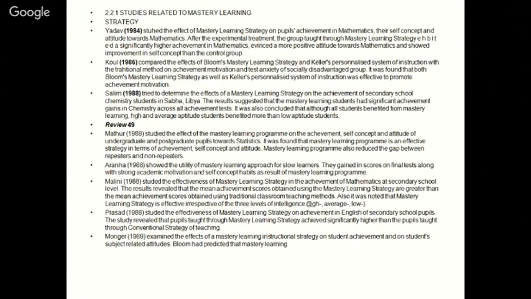And here again we find that while presenting the review of related literature, the researcher has included studies: Yadav 1984, Call 1986, Salim 1988, Mathur 1988, Arana 1988, and if you go further, it is Malini, Prasad 1988, and Monger 1989. And it continues with studies from various years.